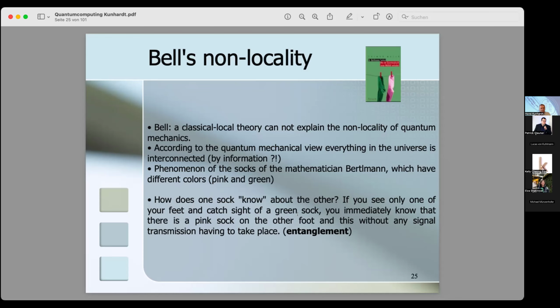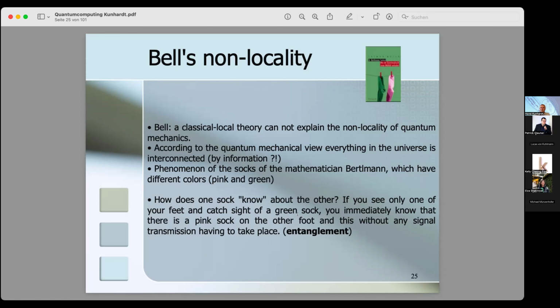So the famous mathematician Bertlmann wrote a book on that. If you have two socks, a simple example, a red sock and a green sock, and if you have a look at one sock, at the red sock, you know immediately that the other sock you can't see directly must be green.